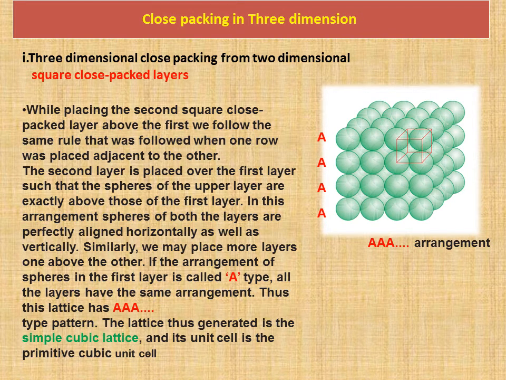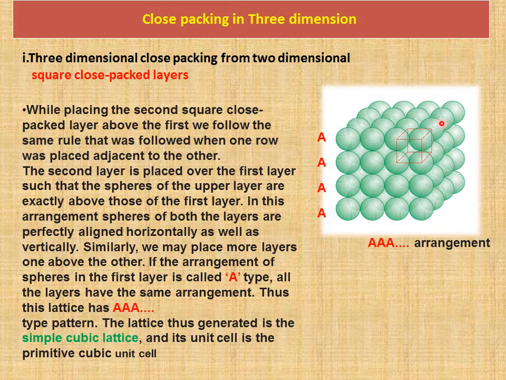Let us now understand three-dimensional close packing from two-dimensional square close packed layers. Understand from the definition only: three-dimensional close packing obtained from square close packed layers. Dear students, we know how we obtained square close packed layers: by arranging the spheres in the order AAA.